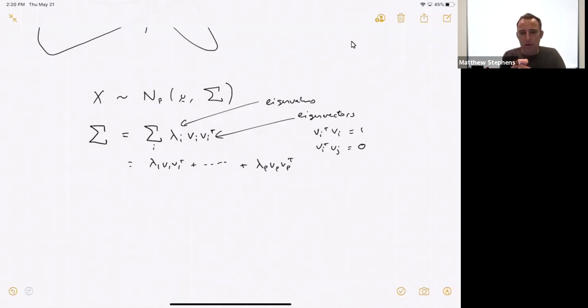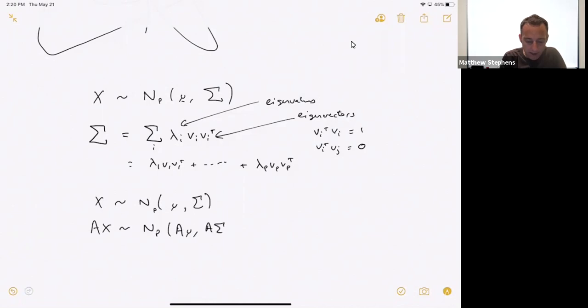Okay, so the other thing that you need to know is that if x is normal with p, mu, sigma in general, then Ax is normal with A mu and A sigma A transpose.